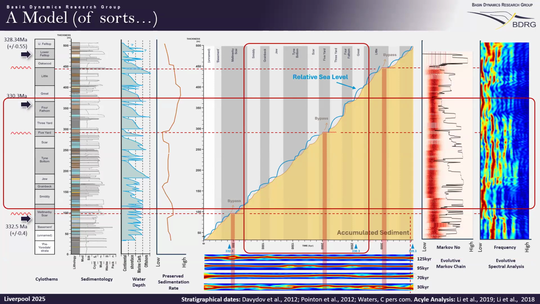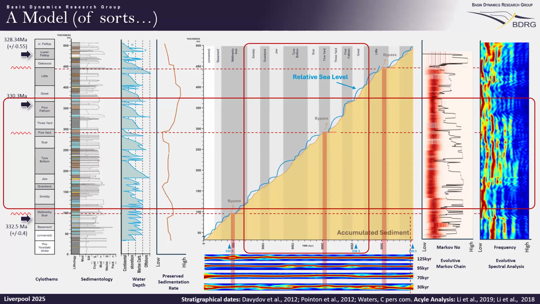And what I've also stuck in the background here is the original cyclothems but converted into time on here. And you notice with the exception of the Tyne Bottom and the Grainbeck, they're all about the same size when you convert to time.